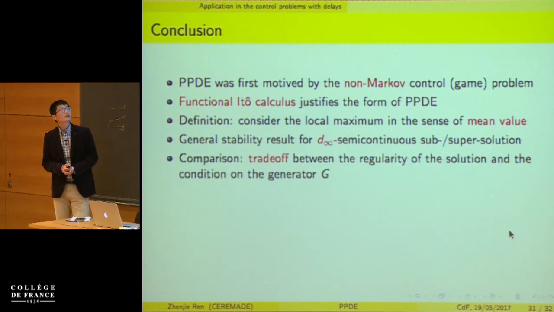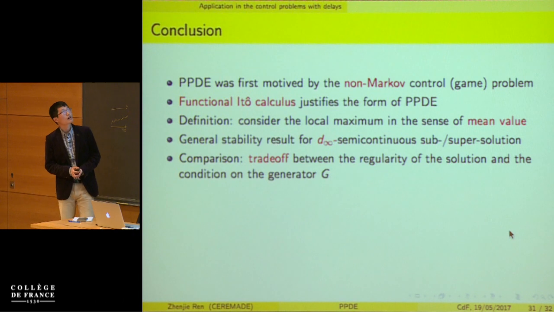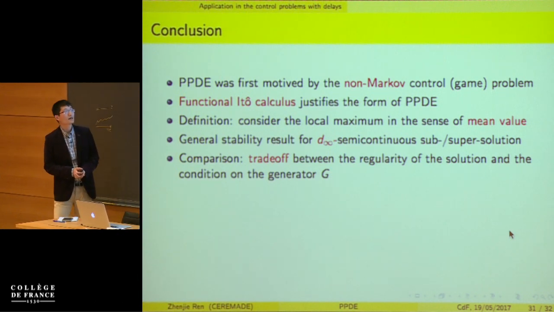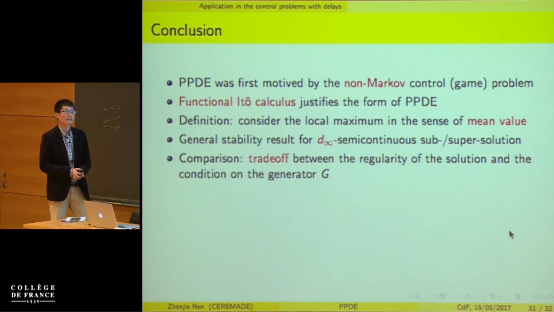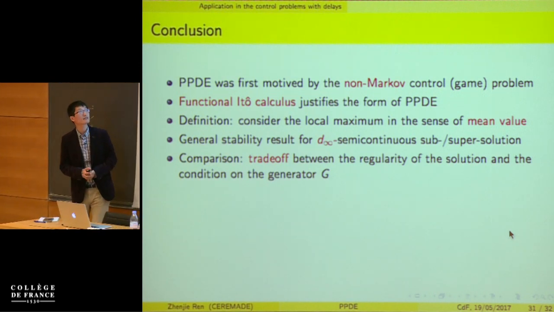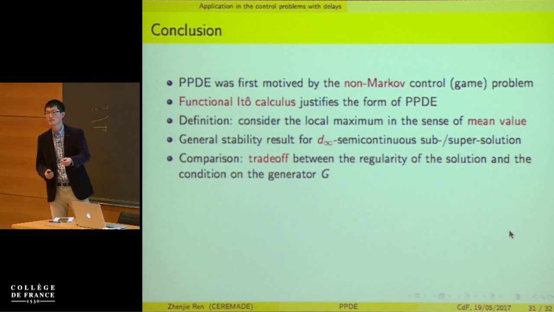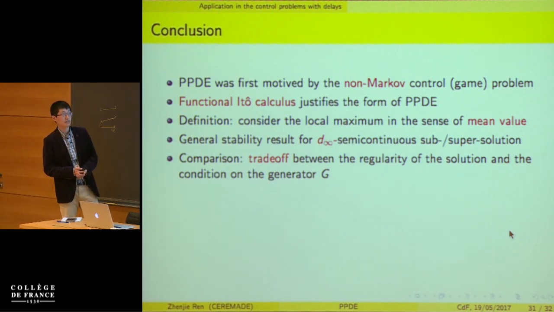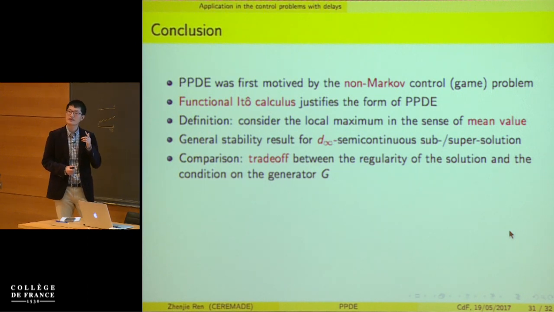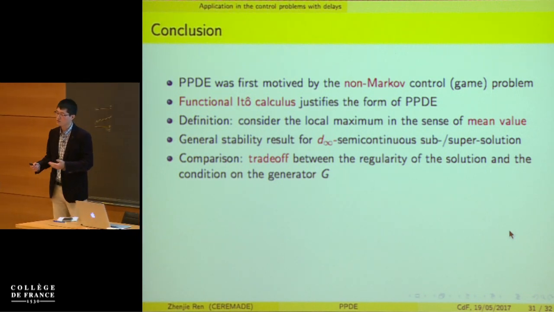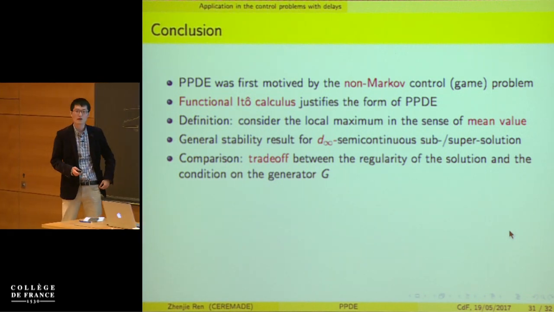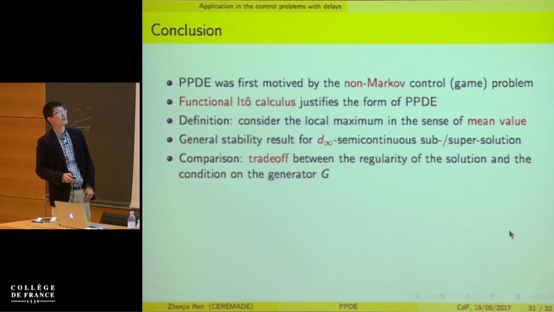We have a lot of discussion about the comparison, and we find it's usually a trade-off between the regularity of the compared solution and the condition we want to make on the generator G. Again, I don't mean the trade-off is necessary. It's just a technical issue. If one day you can prove it in a prettier way, that will be better.